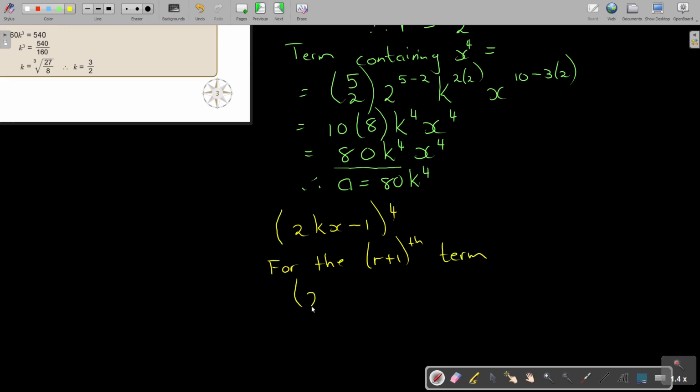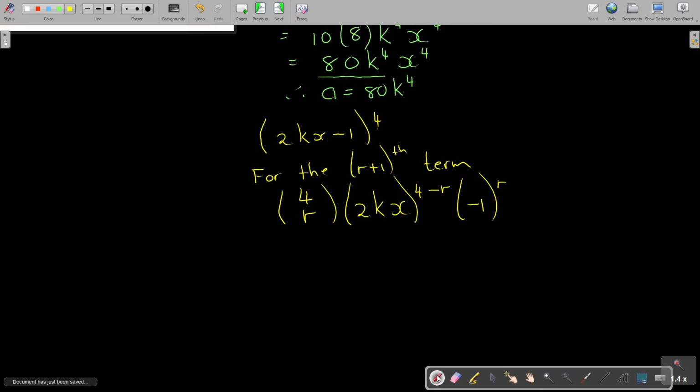Take the first one, so 2kx. Okay, let's rather start again. So it's going to be 4Cr. Then the first term, I unfortunately just forgot the front. So it's 4 minus r. Then the second term, grab that sign, and that's just 2r.